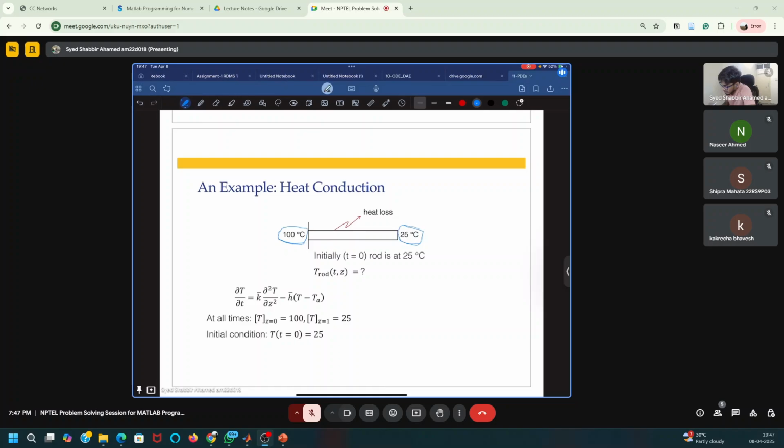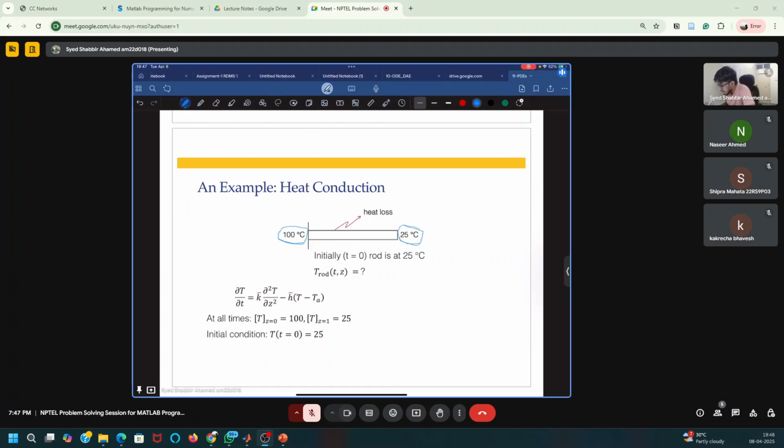From here to here, as heat flows from higher temperature to the lower temperature, there is heat loss, and by the end it will be 25 degrees Celsius. Initially, at t equals 0, this is a transient problem.